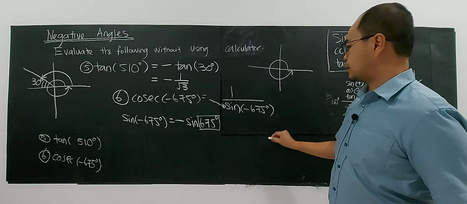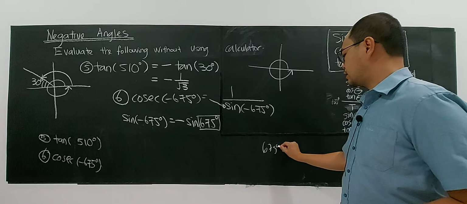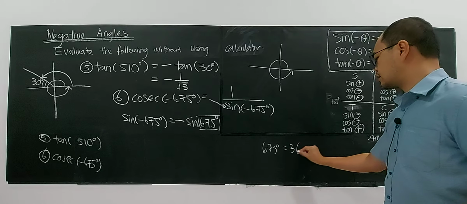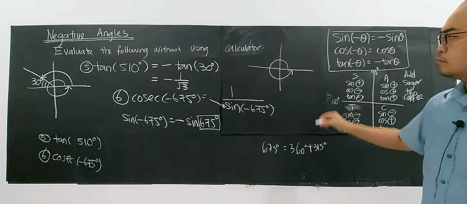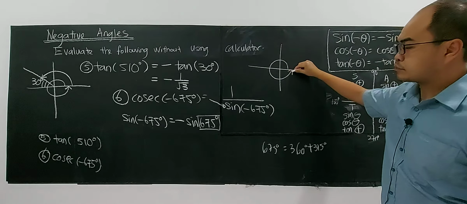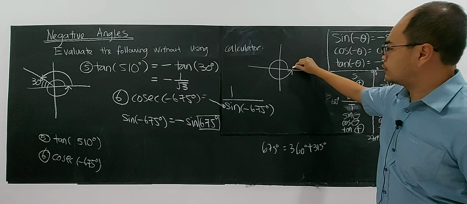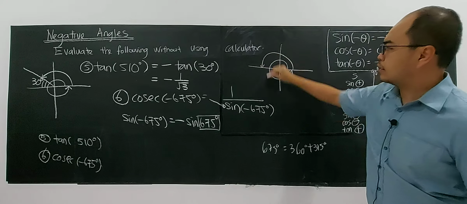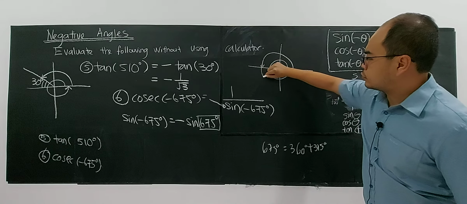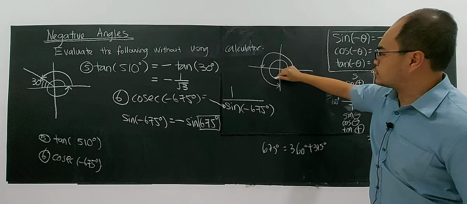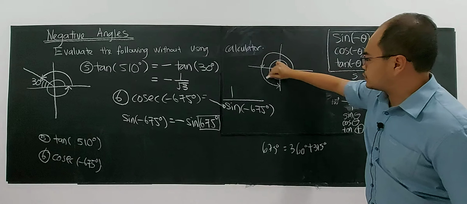It means that 675 is actually 360 plus 315. It's not even 2 cycles. So 1 cycle, then going for 315. This is 180, and 270, because 360 plus 270.